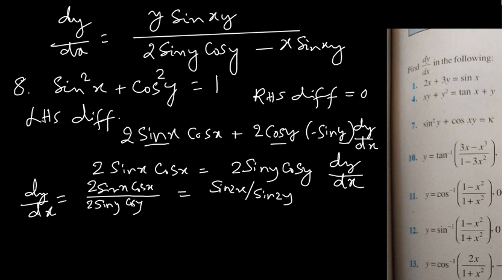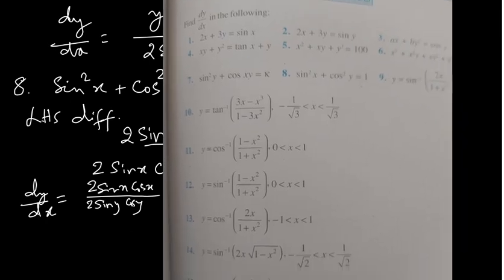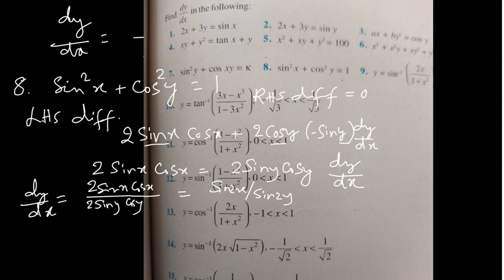So that's the answer for 8th one. So now if you look at the 9th question, 9th question onwards you got the inverse trigonometry. As I told you other day, up to 8th you have one way of doing it. From the 9th onwards you will have a different method. Okay, so what is that method? I will tell you once I go to the next page.